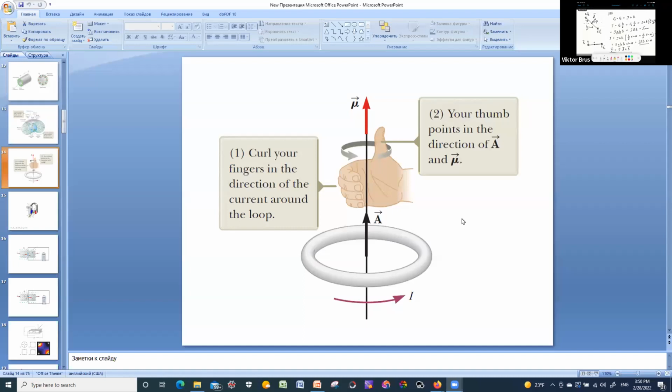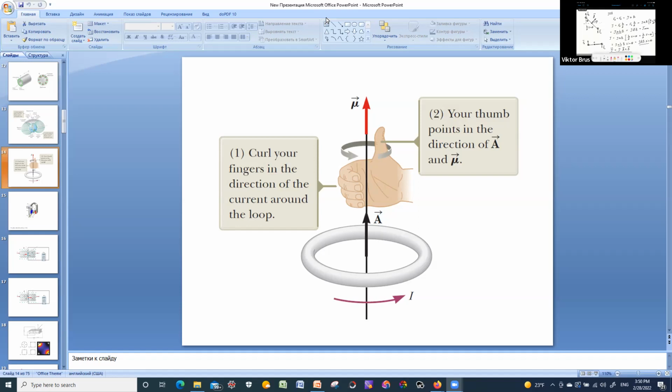So if, for example, we have any current loop, we curl the fingers of the right hand in the direction of the current around the loop, then the thumb at right angle shows us the direction of this vector A, which is applicable in the previously derived equation in order to determine the torque vector of a current loop.